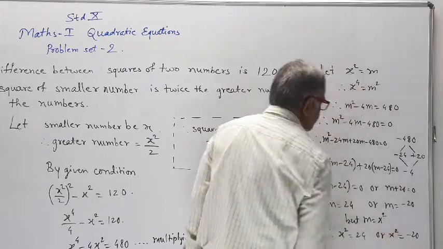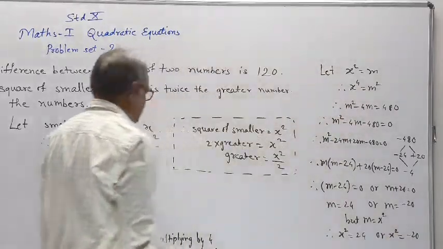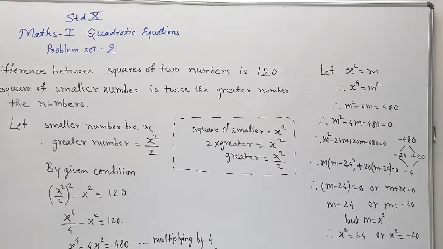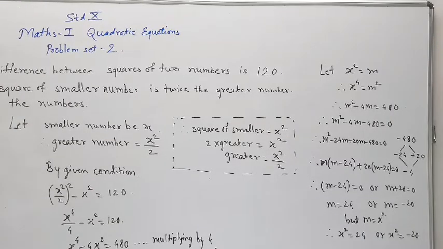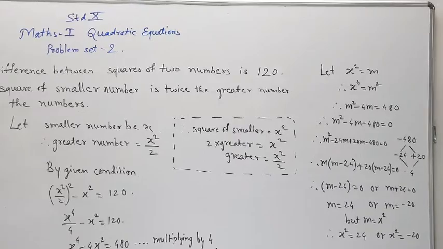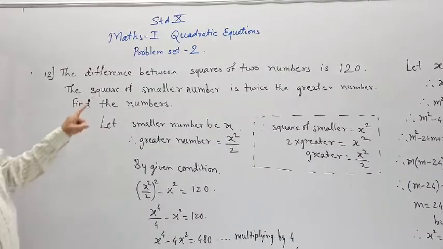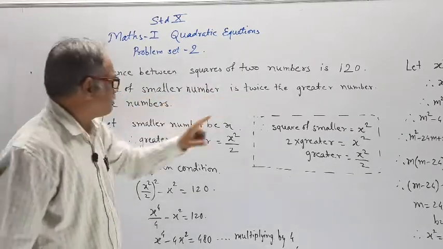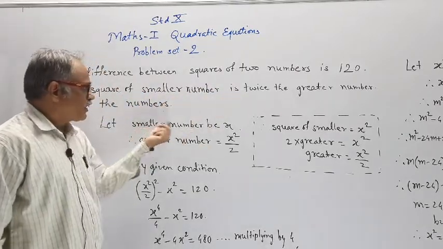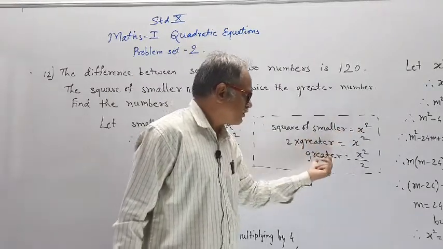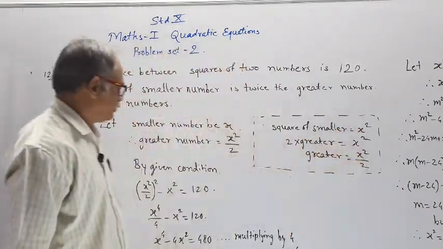Square is coming negative, which is not possible. Pay attention. Once again see, the square of smaller is twice the greater number. Smaller number x, so the square of smaller is x square, twice the greater number is x square, so the greater number is x square upon 2.